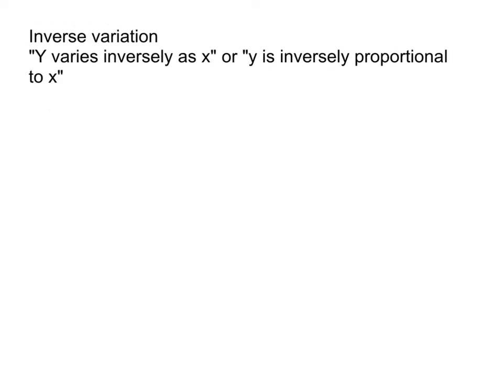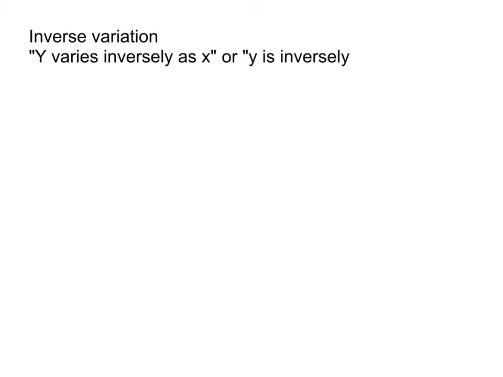Alright, let's look at inverse variation. When we look at inverse variation, you will see things like y varies inversely as x. Or you may even see that y is inversely proportional to x.